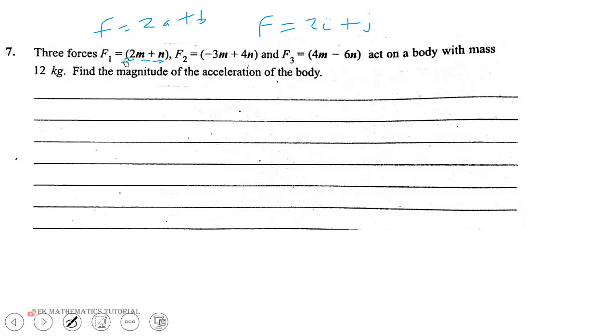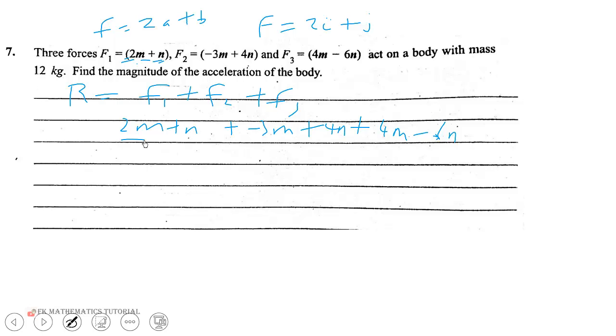So we know that the resultant must be found. So our resultant vector will be equal to F1 plus F2 plus F3. That will give us 2m plus n plus negative 3m plus 4n, then we add it to 4m minus 6n.